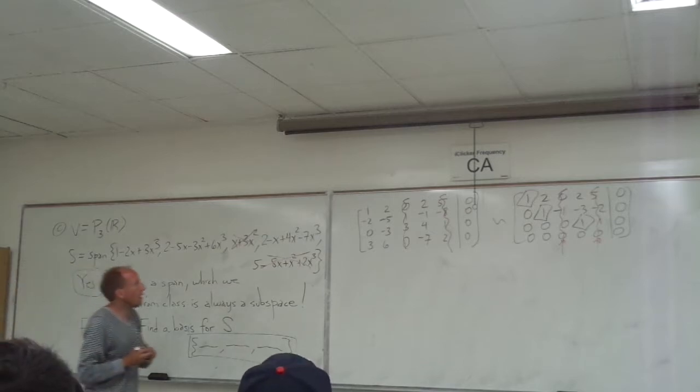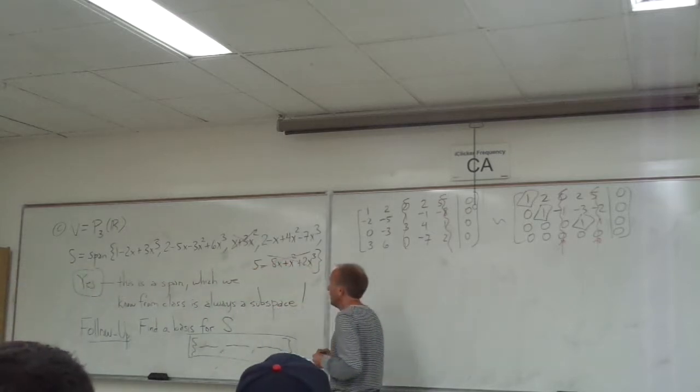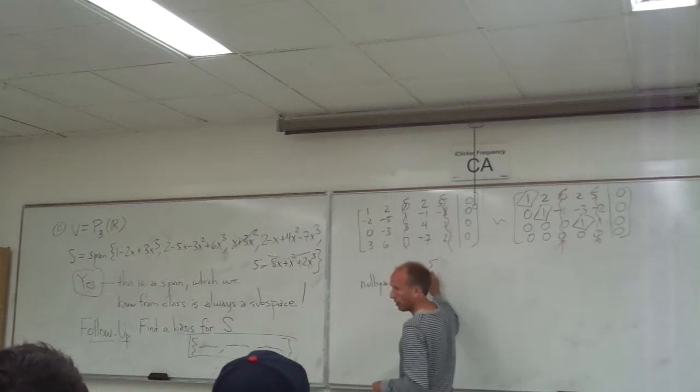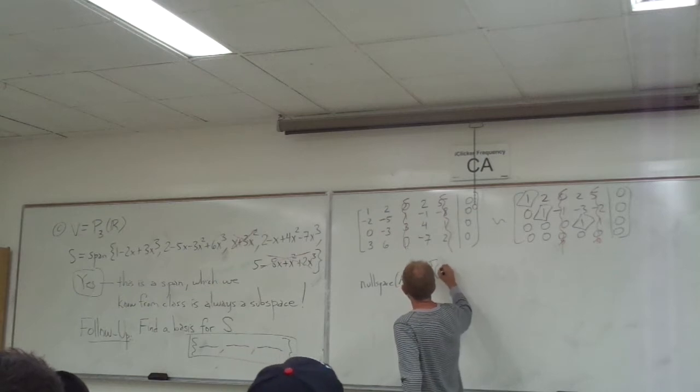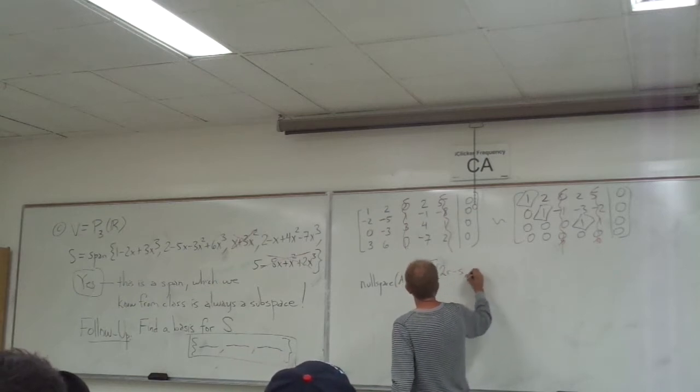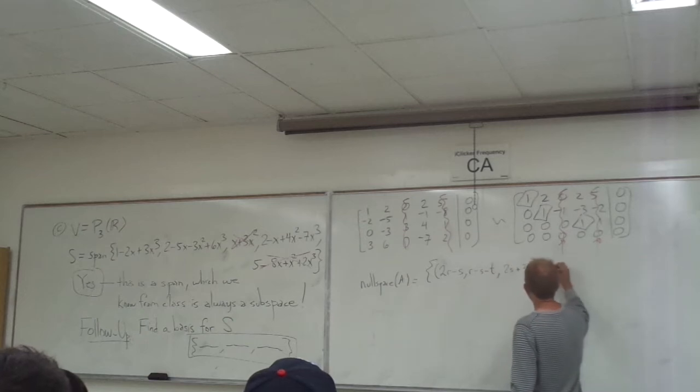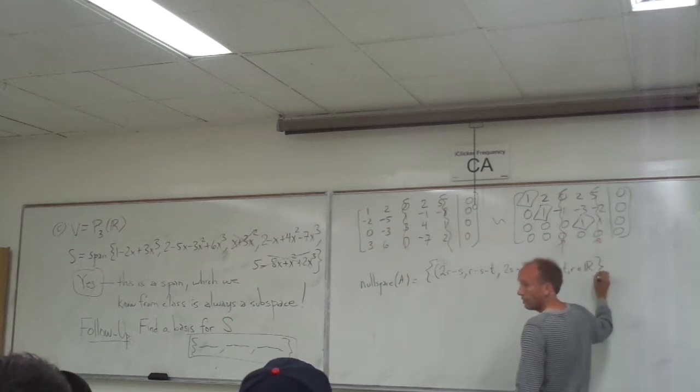Another example is if you had the null space of A. I'm just going to make this up really quickly. Let's say your null space of A turned out to be 2r minus s, and then r minus s minus t, and then 2s plus 3t or something like that. Let's just say this was the null space of a matrix.